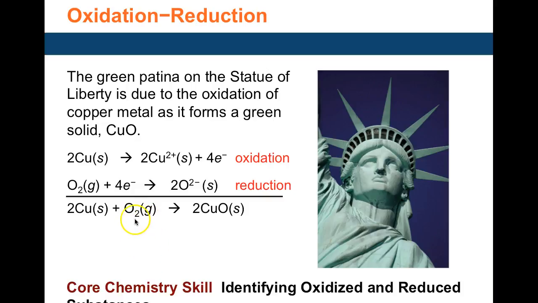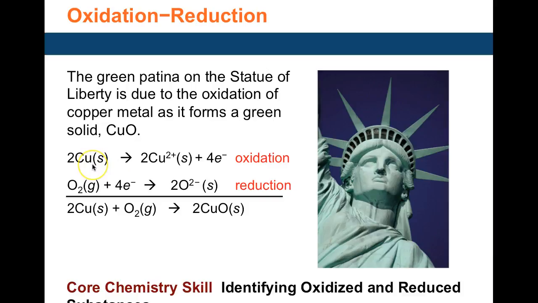All right, so here you can see the formation of copper(II) oxide is a redox reaction. The copper metal from that statue is reacting with oxygen from the air and forming copper(II) oxide. The copper metal, like any element in its elemental state, doesn't have any charge. It's absolutely neutral. Now, what is happening to the copper when it's losing electrons?